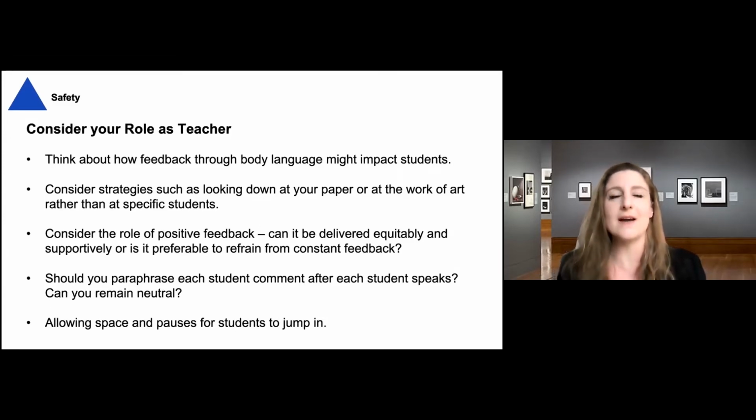One way of removing that subtle feedback that could come across as not as inclusive as you want it to be is to think about what you're doing with your body. Maybe not directly looking is one solution. Depends on what level of encouragement your students will need.